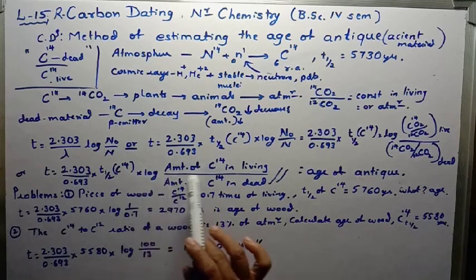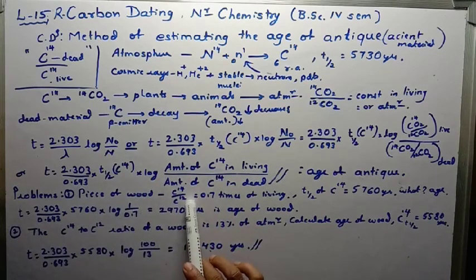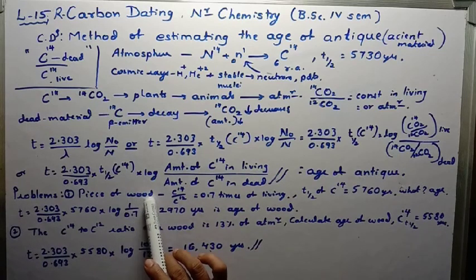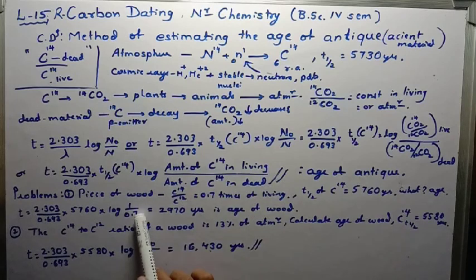Using this formula, the amount of C14 in dead is 0.7, and the living is taken as 1. By calculating, you get the age of that wood as 2970 years.